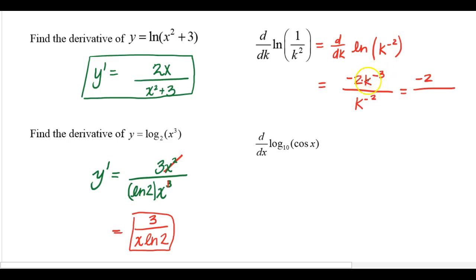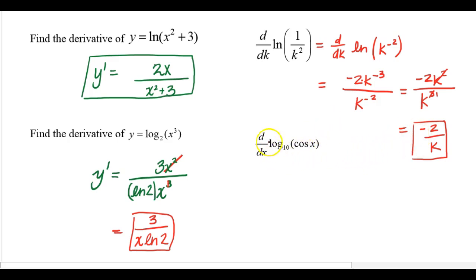And a negative exponent means I take that term, just that k to the negative 3, move it to the bottom, and make it k to the positive 3. And this k to the negative 2 moves to the top and becomes k squared. And now again, since everything is being multiplied or divided, this k squared will cancel with 2 copies there and leave just 1 copy on the bottom. So negative 2 over k is my derivative after simplification.